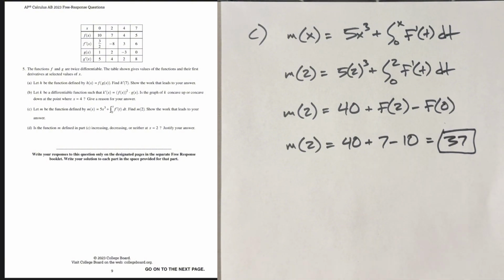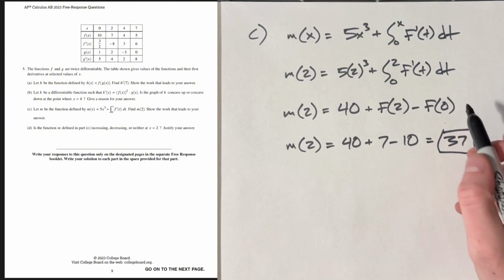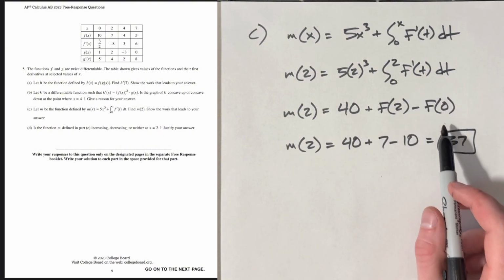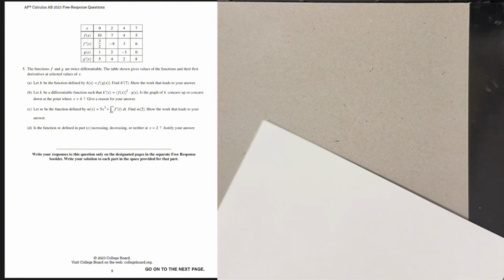This is fantastic work, so we are completely done. So with that one, really, the hardest step was definitely using the first fundamental theorem of calculus to go from this integral to the evaluated form. But a relatively quick question in comparison, especially to part B.